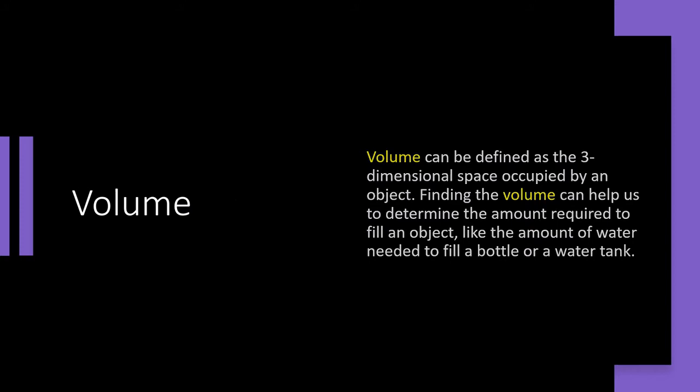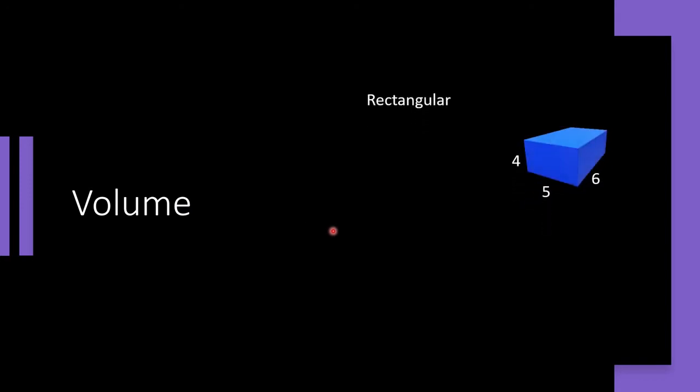Let us go ahead and start by learning how to measure the volume of a rectangular prism. This is what a rectangular prism looks like, and the formula to measure its volume we can use the same for the cube.